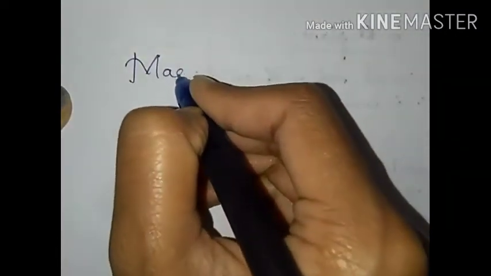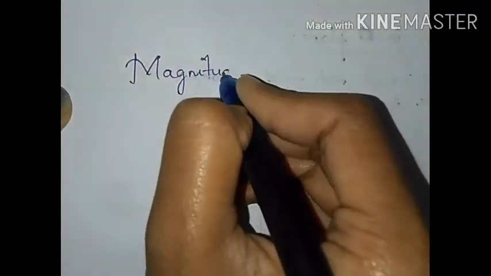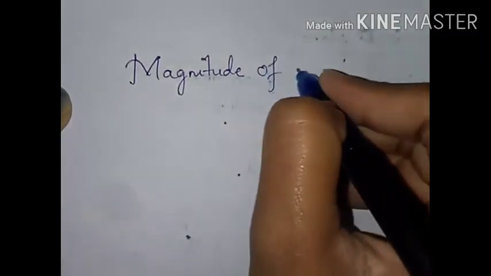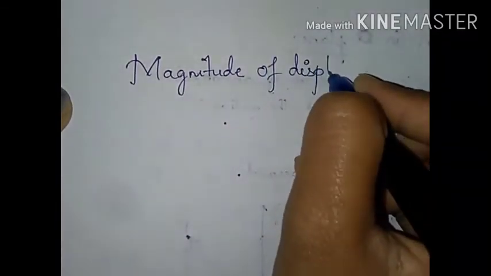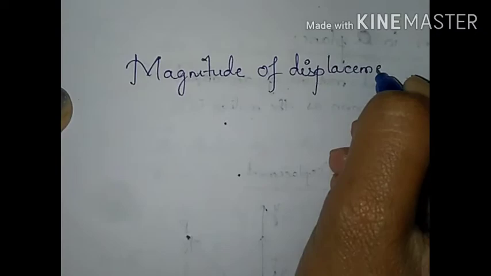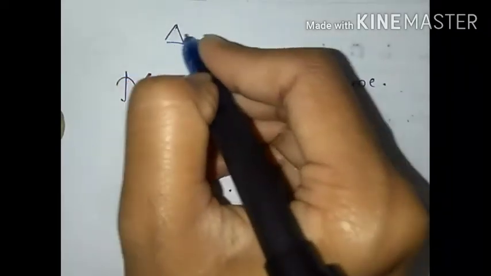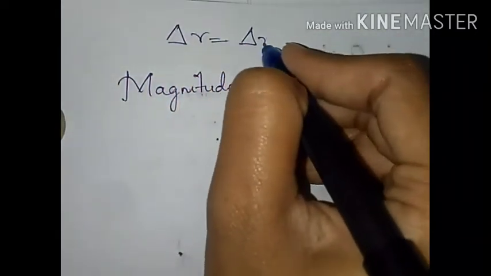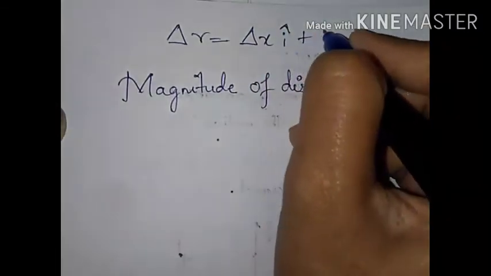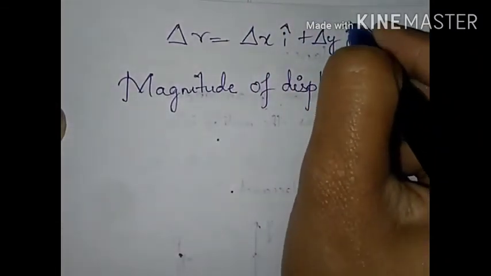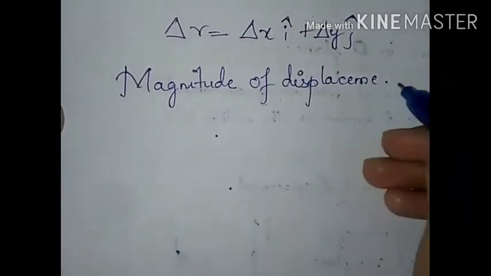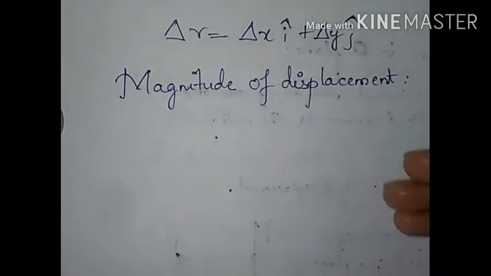Next is magnitude of displacement. So you found delta r is equals to delta x I cap plus delta y j cap. Now magnitude of displacement will be what?